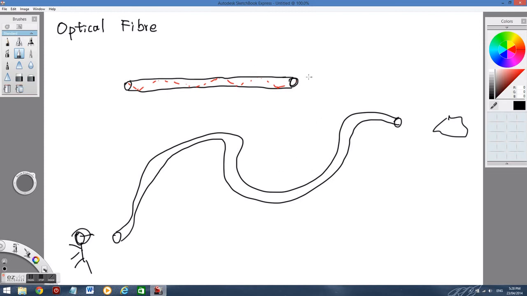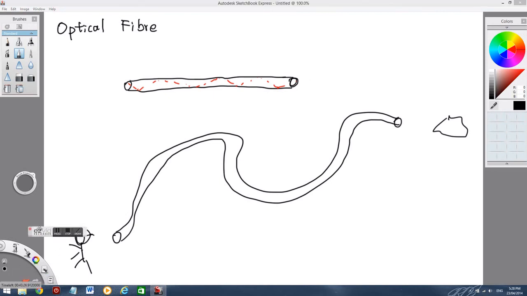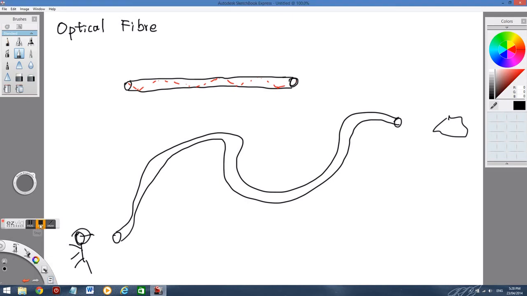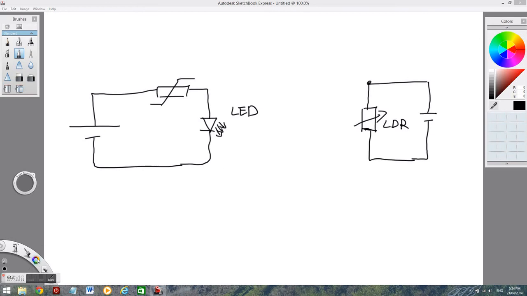So with this piece of equipment, we designed an optical system to transmit signals. Now what's happening? What we designed was, say we have a variable resistor and we have an LED.